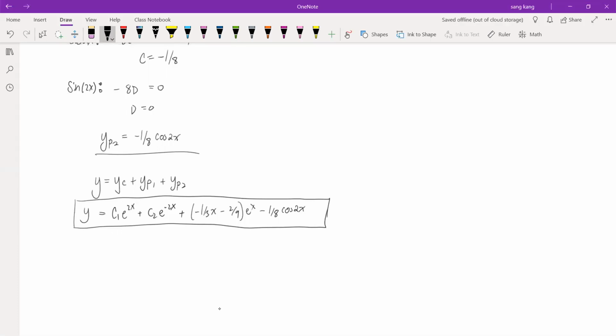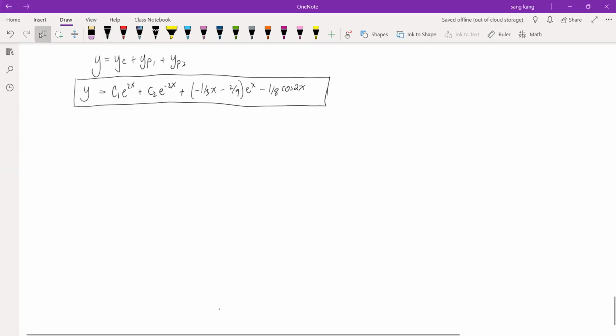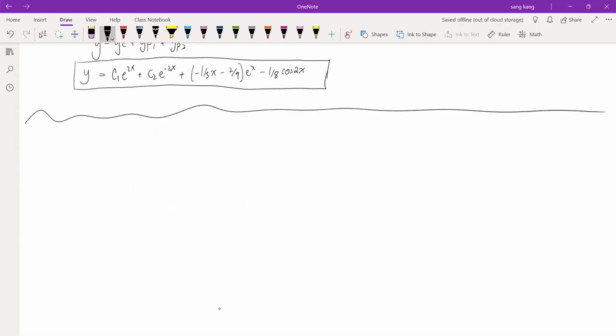And now, so I said, we'll move on to the special case. There's a special case, and we'll do this through an example. So normally we would go through the same process, and this is the reason why we do the complementary solution first.